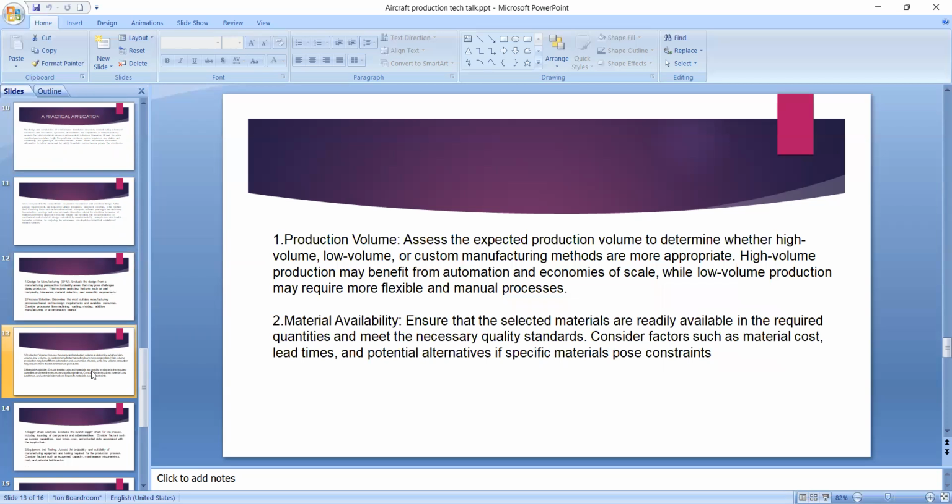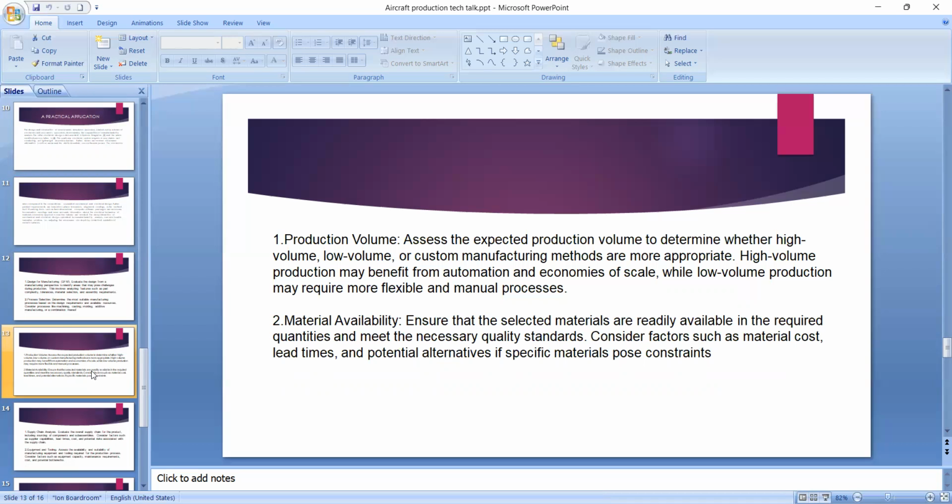Production volume: assess the expected production volume to determine whether high volume, low volume, or custom manufacturing methods are most appropriate. High volume production may benefit from automation and economies of scale, while low volume production may require more flexible and manual processes.